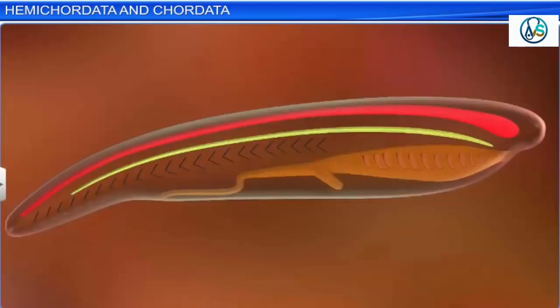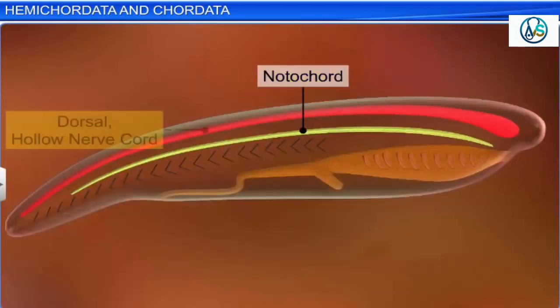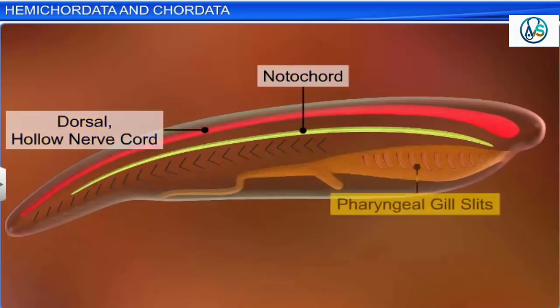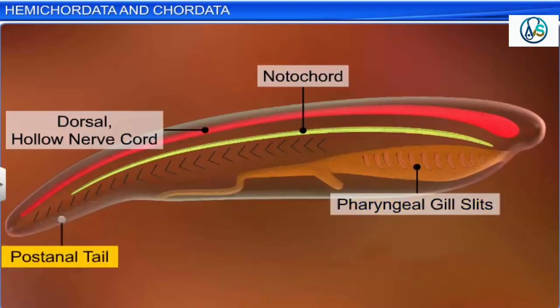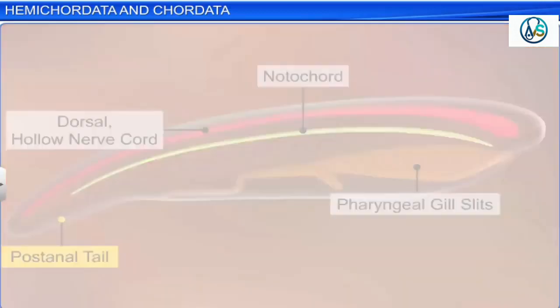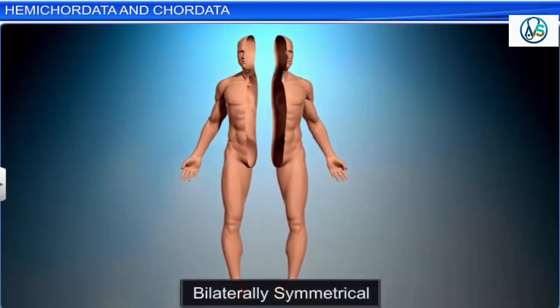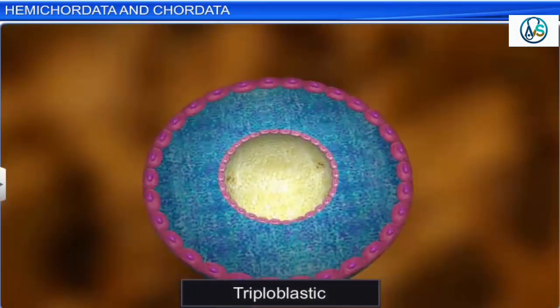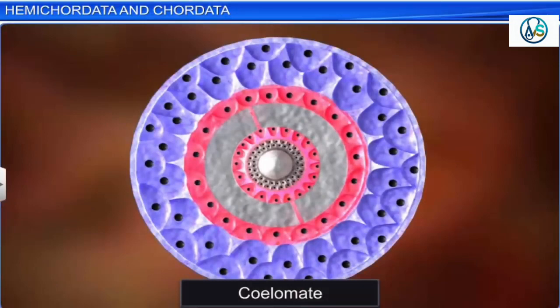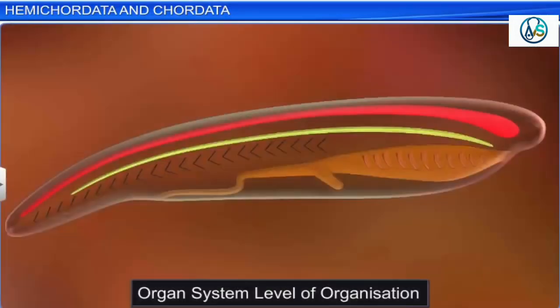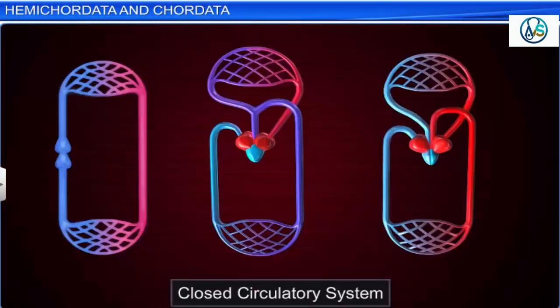Chordates are animals with a notochord, a dorsal, hollow nerve cord, paired pharyngeal gill slits, and a postanal tail. They are bilaterally symmetrical, triploblastic, coelomate animals with an organ system level of organization and a closed circulatory system.